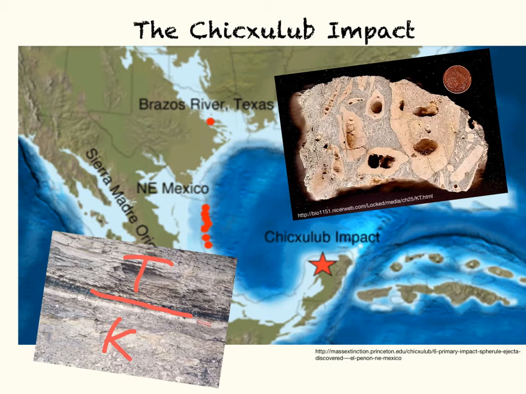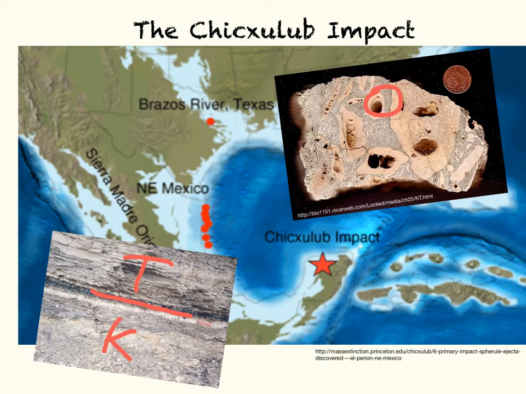Another line of evidence that we see commonly with a lot of impact craters, and so we definitely see this with the Chicxulub impact, is this right here on the upper right image. These are called spherules. What these are, basically, are really hot pieces of rock that got wound up and thrown out of the crater.